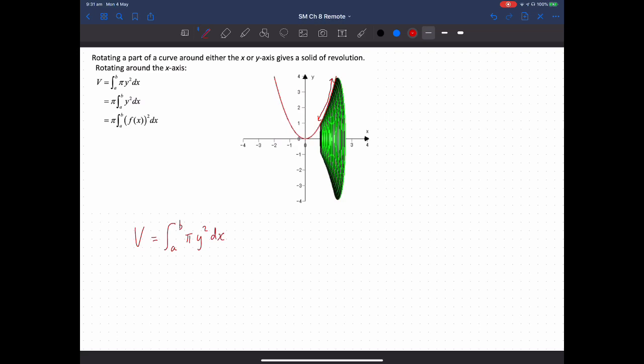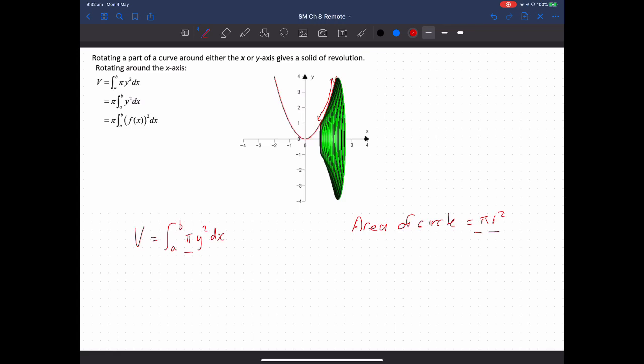If you were going to work out an area of a circle, the area of a circle is going to be pi r squared. Pi is part of the formula for the area of the circle.